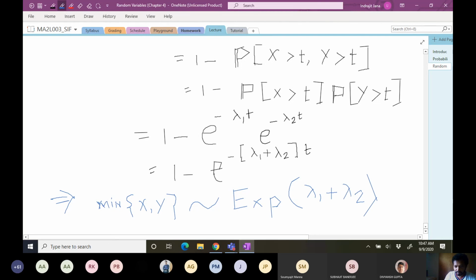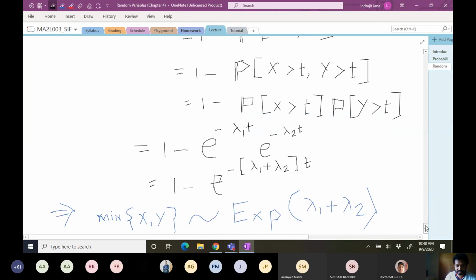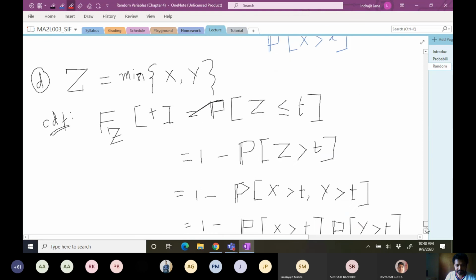This is the end of today's lecture, but let me explain how I got the last step. If something follows exponential lambda 1, then the CDF looks like 1 minus e to the power negative lambda 1 x. Therefore if a CDF looks like 1 minus e to the power negative some constant times t, then that random variable must follow exponential of that constant, which is lambda 1 plus lambda 2. So the minimum of two exponentials is an exponential with the sum of their parameters.